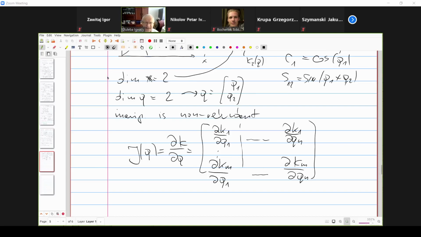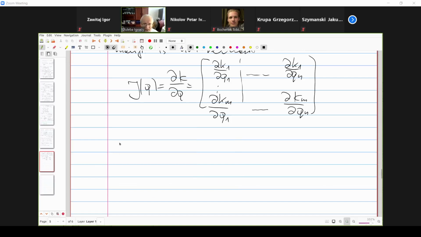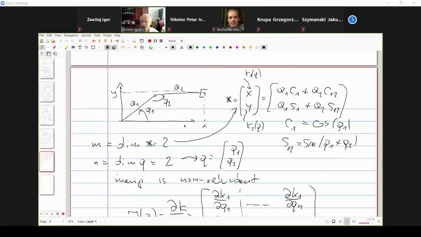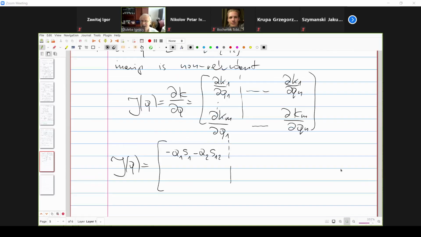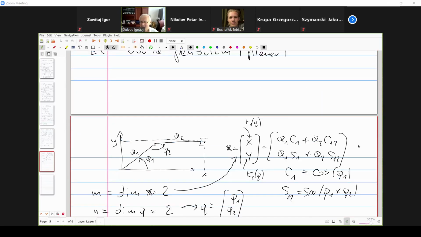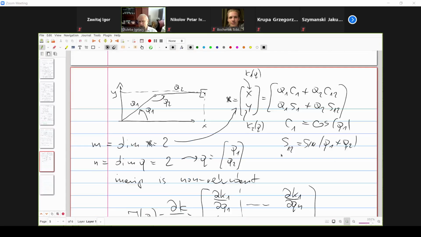In our case, we have, for this particular manipulator, the Jacobi matrix, which is equal to minus A1 S1, and so on. As you can see, I took this expression and took the derivative with respect to Q1.